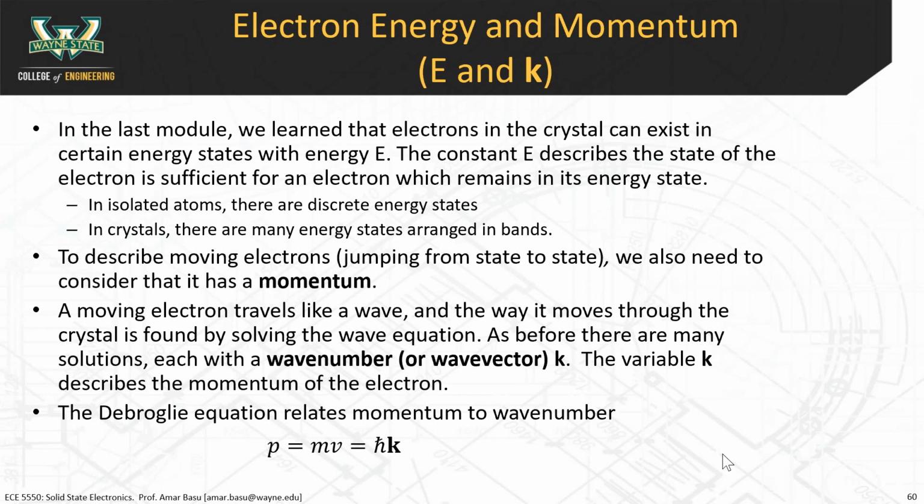In the last module, we learned that electrons in the crystal can exist in certain energy states with energy E, and that state describes the energy of the electron. We talked about isolated atoms, and we said there's discrete energy states, right? And what happens to those discrete energy states when you bring the atoms closer together?